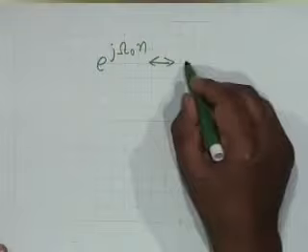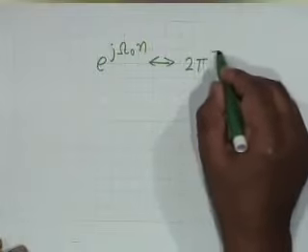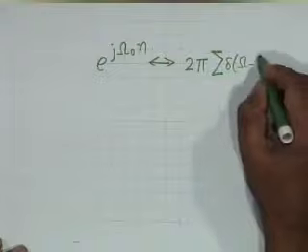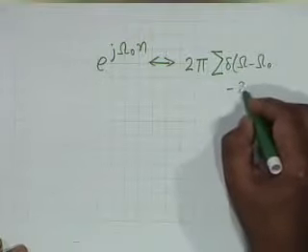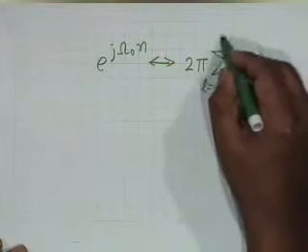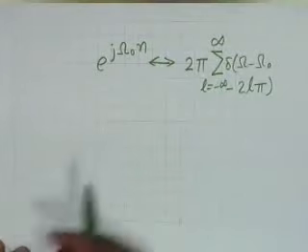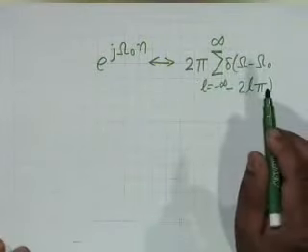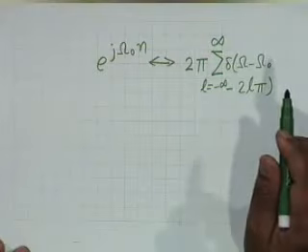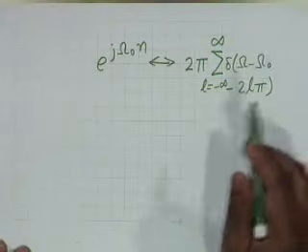2 pi times summation delta of omega minus omega 0 minus 2l pi, where L goes from minus infinity to plus infinity. Is the factor 2 pi all right? You must remember this. The factor 2 pi is all right. Okay, each impulse is of strength 2 pi.